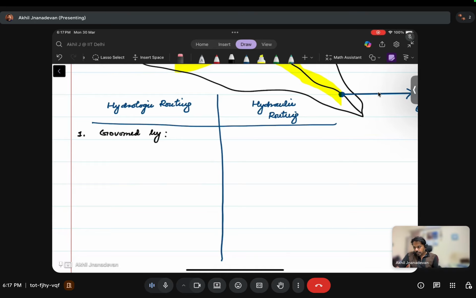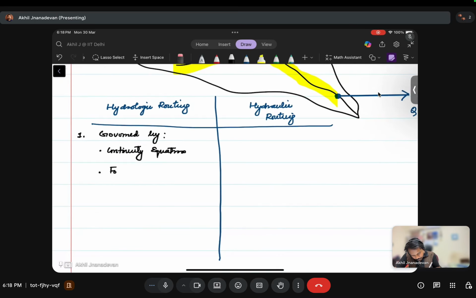So in the case of hydrologic routing, we will be making use of the continuity equation, or conservation of mass, and the other thing is the flow storage relationship.